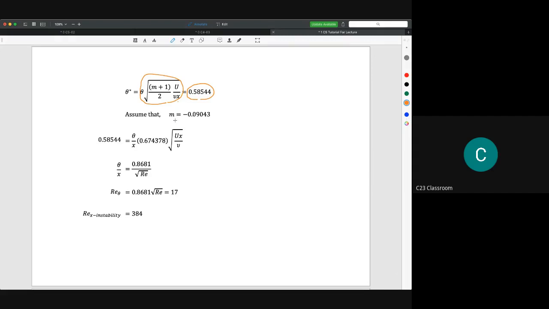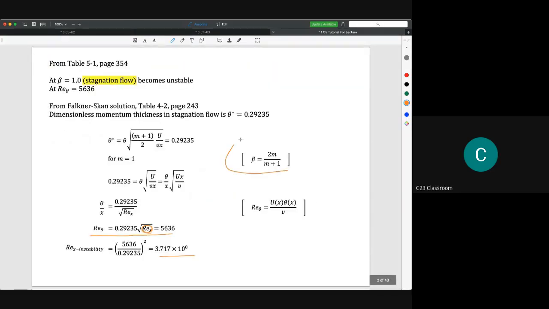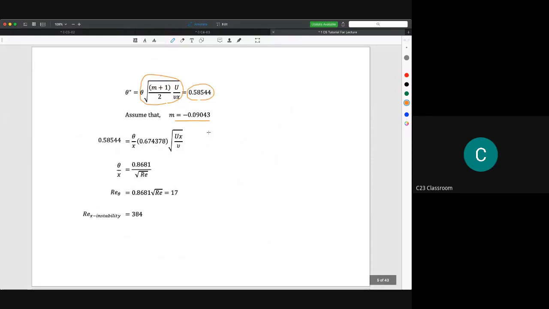This value can be obtained from this equation. We know the value of beta, negative 0.1988, so we could get the value of m here. So the value of m is equal to negative 0.09043. We substitute this value, so we get these terms.